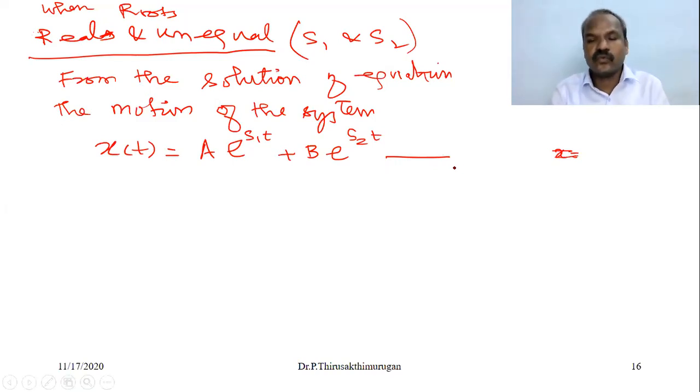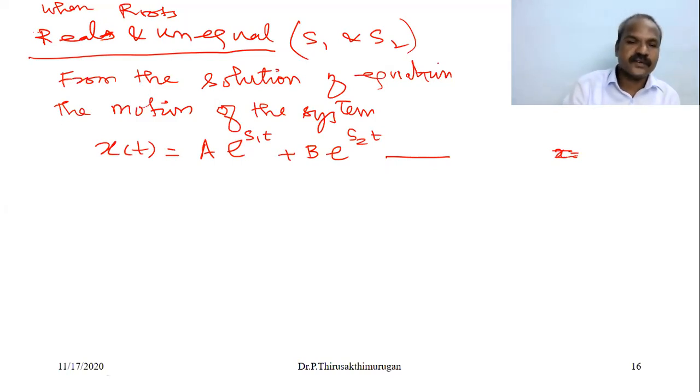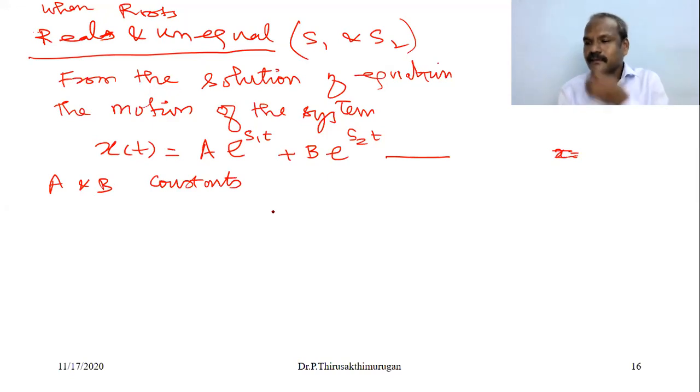Where S1 and S2 are roots, and A and B are constants or coefficients, which can be determined for any given set of initial conditions.